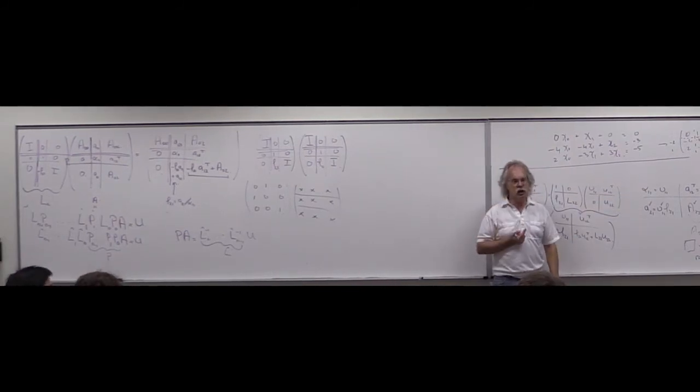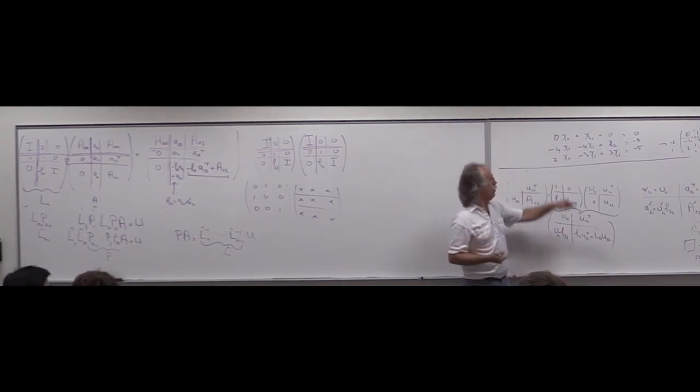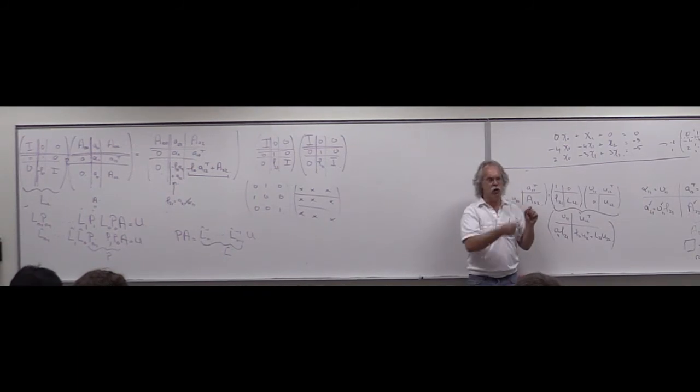Or you could say, if I had been really clever, I would have simply started by arranging my equations in such a way that that zero was never encountered. And then I could have just done Gaussian elimination and never worried about swapping.